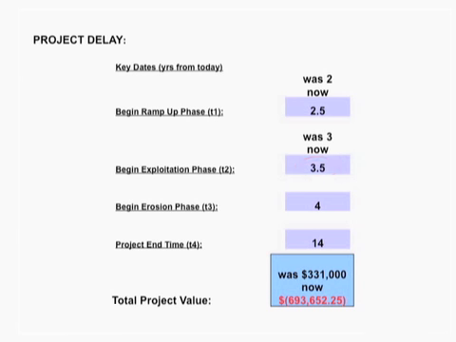And of course, competition is not going to let you off. They're going to come in just as soon. That basically means if you sit diddling around for 6 months trying to make up your mind, your project goes from a $330,000 positive to a $693,000 negative. And so this is the cost of indecision.